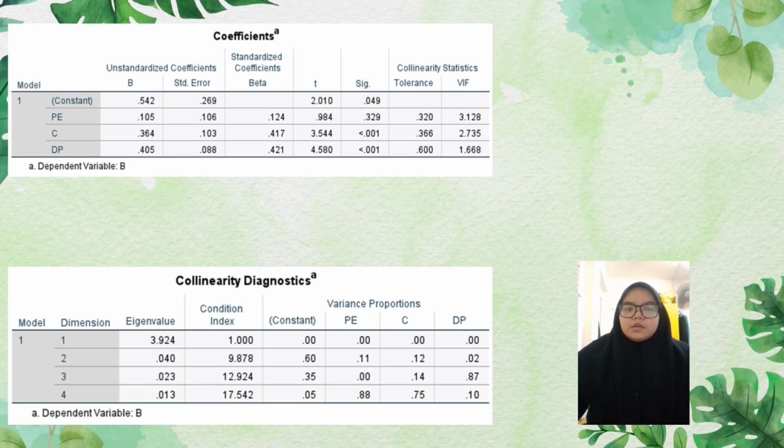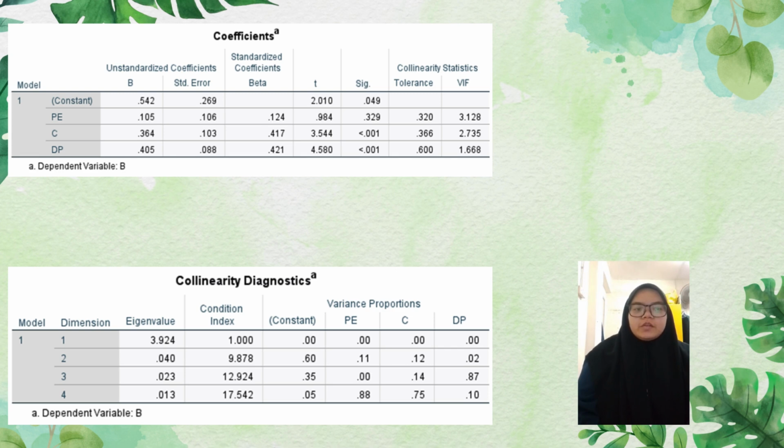A low tolerance value indicates some degree of collinearity, but the VIF values, which are below 10, suggest the collinearity is not severe according to general guidelines. The table has been displayed.